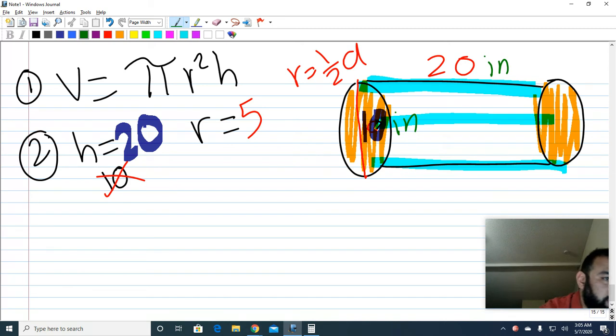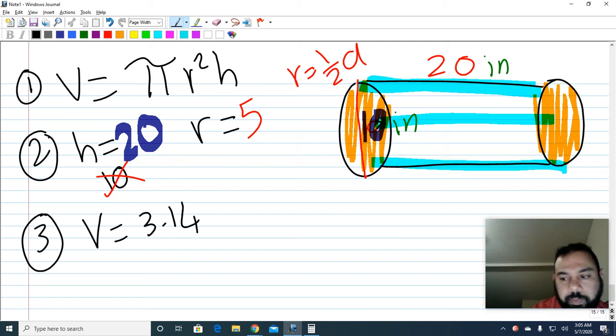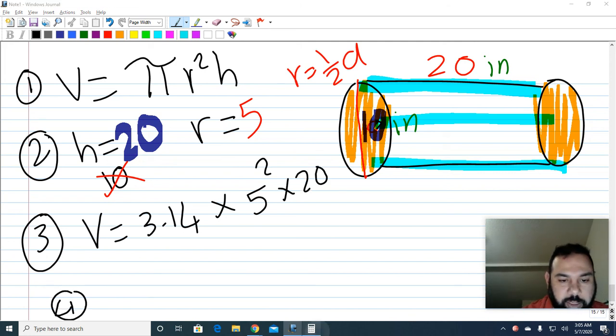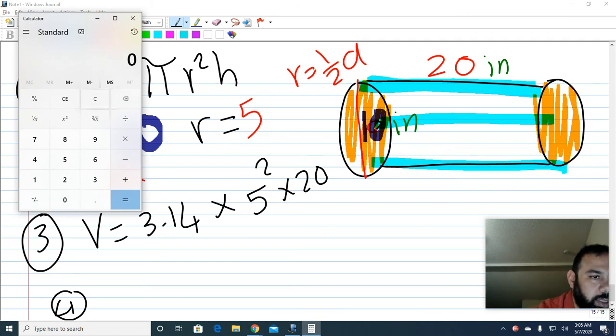Okay, now I'm ready. Step number 3, plug in your values. So V equals 3.14 multiplied by 5 squared multiplied by 20. Step 4 is the algebra part. Very easy. Open your calculator.